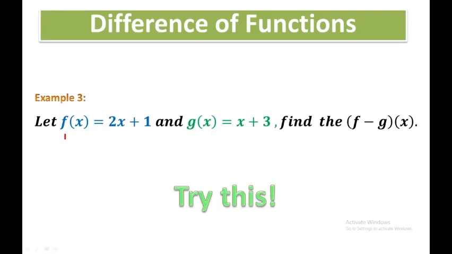Again, the f function of x is 2x plus 1, and the g of x is x plus 3. So find the f minus g of x, or the difference of f and g of x.